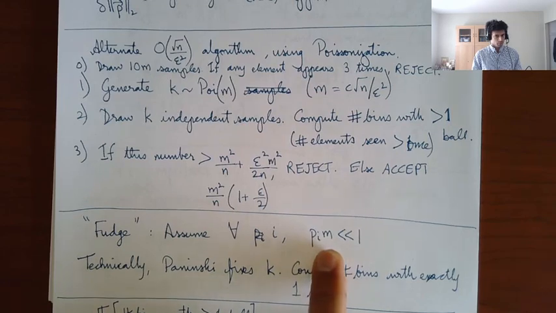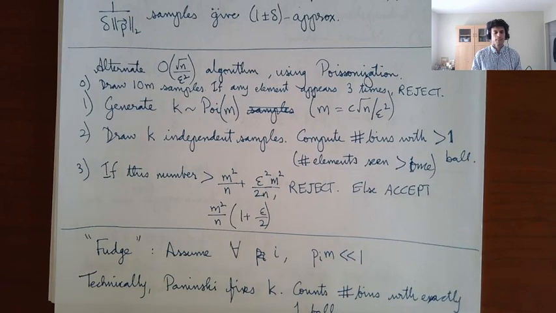Yeah, although it does seem to me like it would make more sense to look at, if your probability distribution is far from uniform, and one of the pi's is large, then the other pi's can't also be very large.